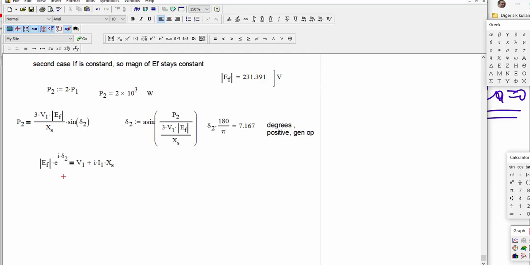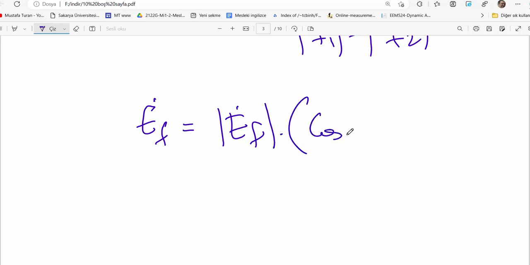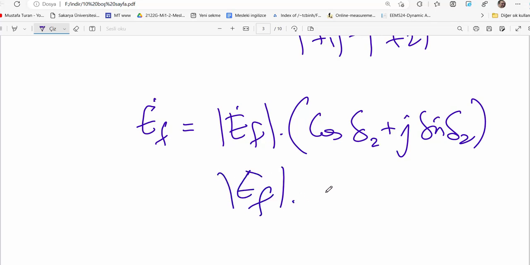Remember, the EF phasor can be written as EF magnitude times cosine delta nu plus j sine delta nu, or EF e to the j delta nu. Angles are in radians, do not forget radians.